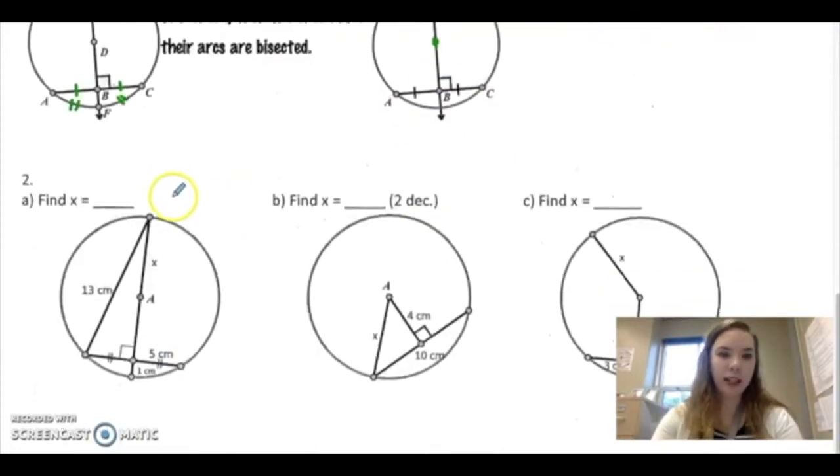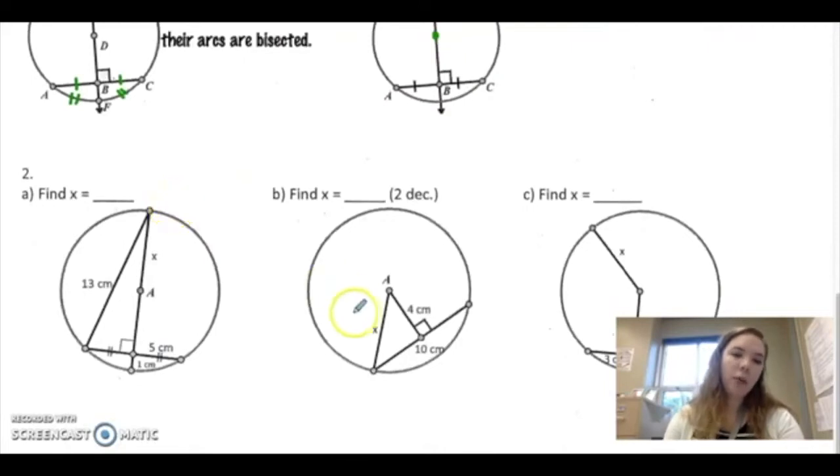All right, so find x. We know that this is bisected, so these are both 5. So you have a leg here of 5, and you're trying to find this leg, and the hypotenuse is 13. So if you use your Pythagorean theorem, we know that this leg is 12. Okay, that's a triple. That might be one you know.